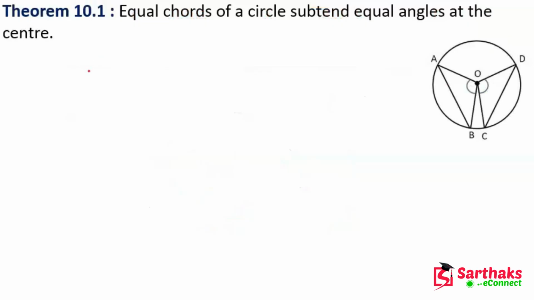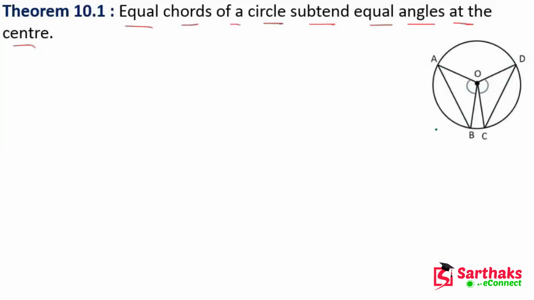Theorem 10.1 is: equal chords of a circle subtend equal angles at the center. It means, let's suppose we have two chords AB and DC.